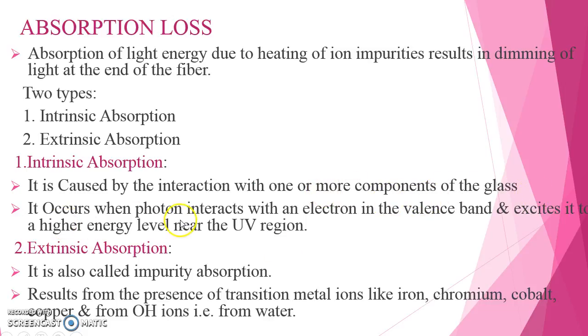It occurs when a photon interacts with an electron in the valence band and excites it to a higher energy level near the UV region. Extrinsic absorption is also called impurity absorption. It results from the presence of transition metal ions like iron, chromium, cobalt, copper, and from OH ions.